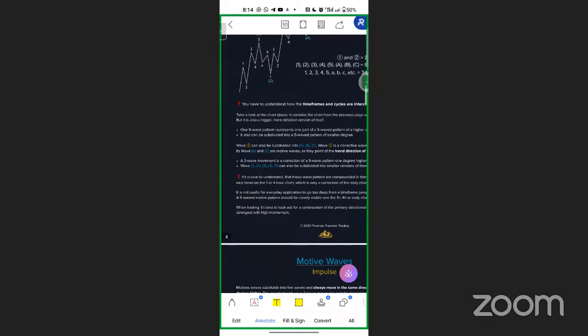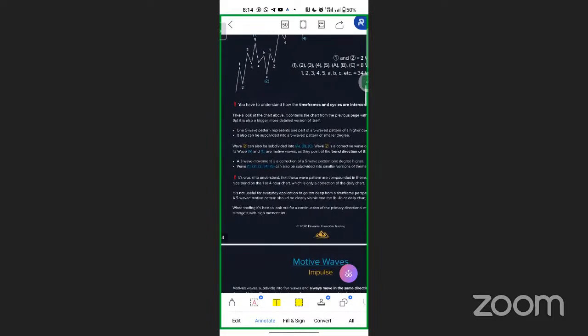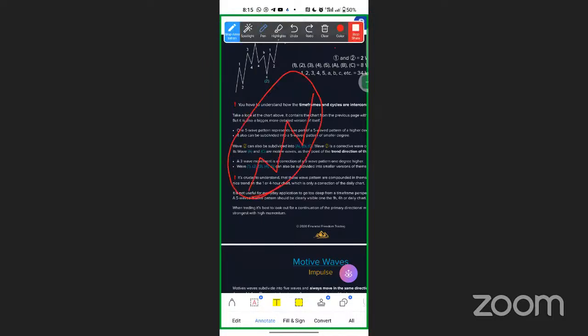So it is not useful for everyday application to go too deep from a time frame perspective. A 5-wave motive pattern should be clearly visible in the 1 hour, the 4 hour, or the daily chart. So if you are using the Elliott wave, the motive 5 waves should be clearly visible in 1 hour.